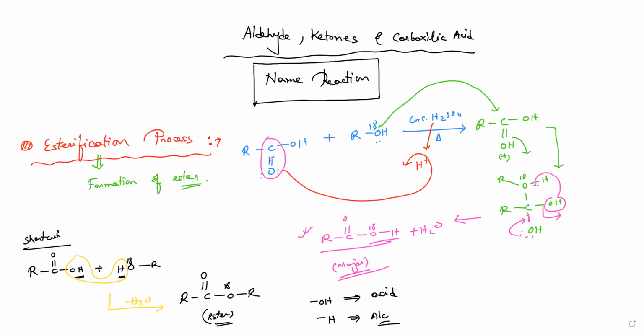Now suppose we are taking this one as R1, and this one is also R1, which is an ester. Now suppose between R or R1, any one is a tertiary group. Suppose we are taking the R value as a 3° alkyl group.